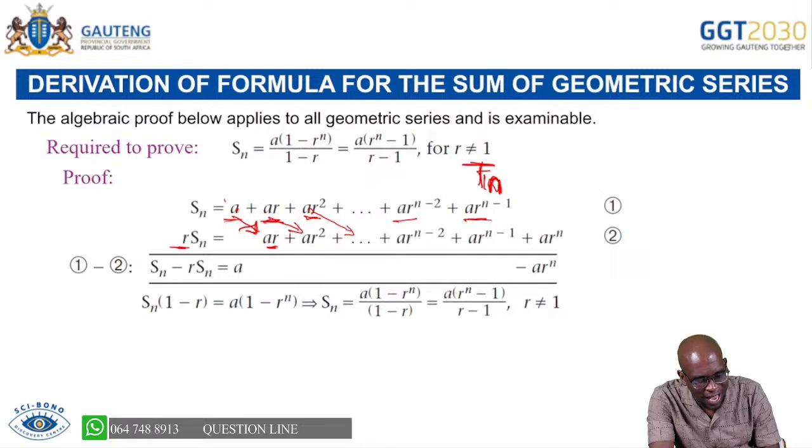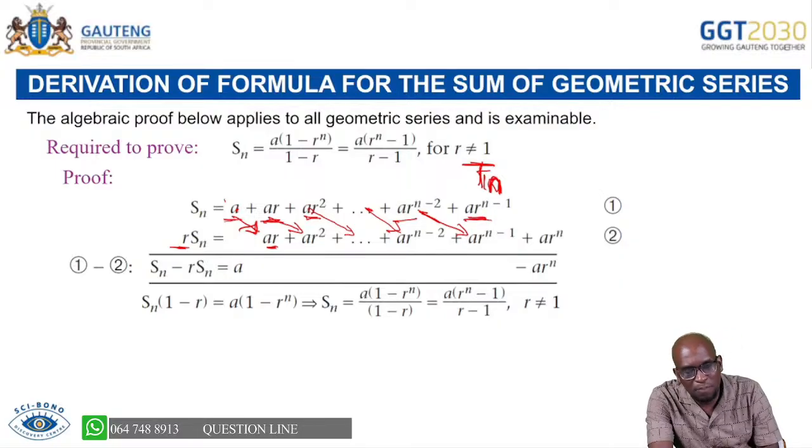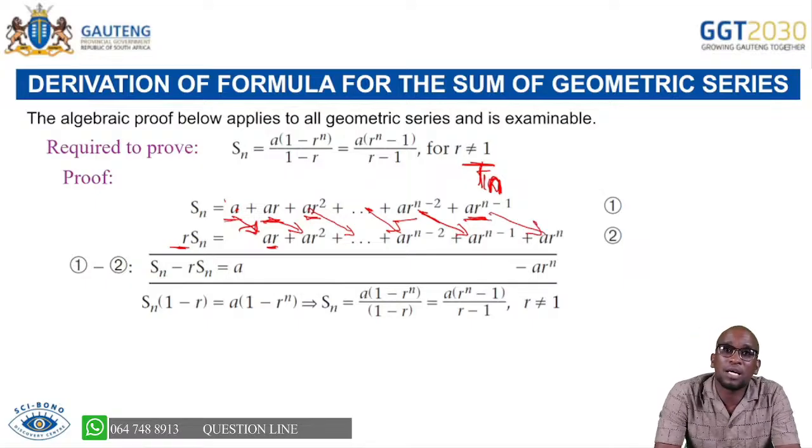If you multiply ar to the n minus 3 by r, you get ar to the n minus 2. If you multiply ar to the n minus 2 times r, you get ar to the n minus 1. If you multiply ar to the n minus 1 times r, you get ar to the n.